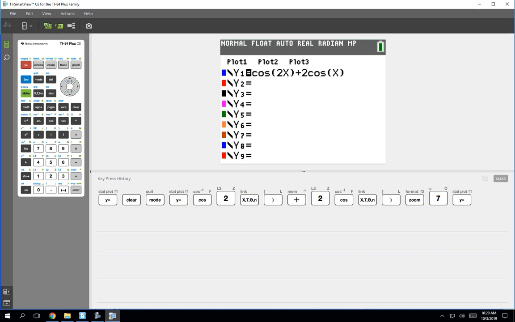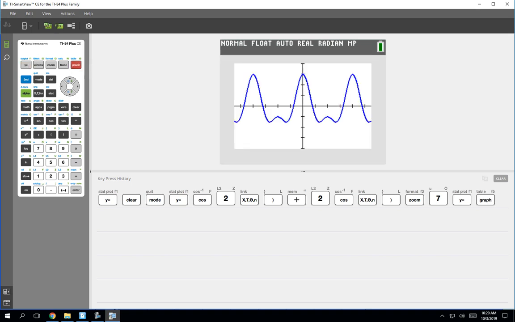So this graph right here was the original function, and we took the derivative in order to find all the x values on 0 to 2 pi where the tangent line went horizontal.